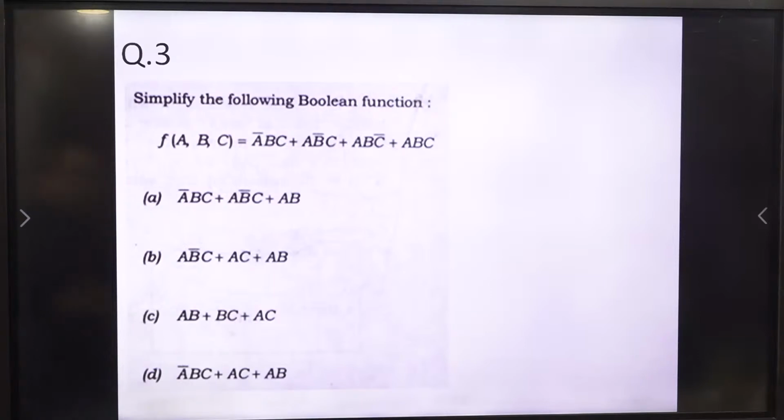Everyone should try to solve the problem. Which one will be the right answer? You have to write.